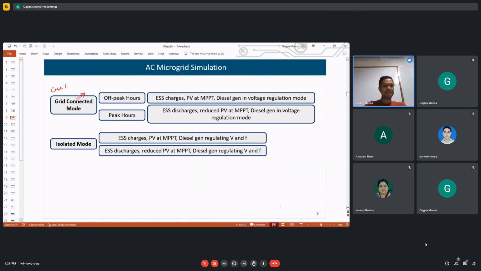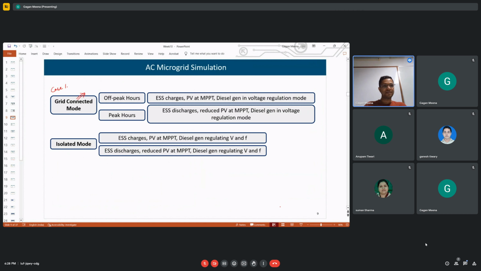Bidirectional, because they have to charge and discharge. Correct. So these two carry bidirectional current. Absolutely correct, because they charge as well as discharge. So these are DC-DC bidirectional converters.